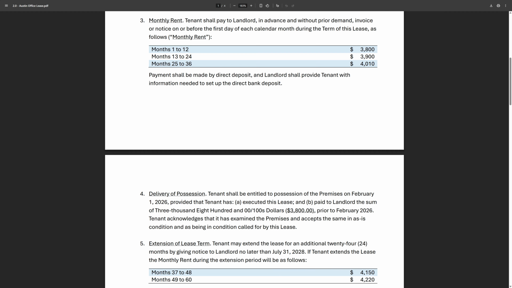Contractually, we can evaluate the renewal rent against the base contract. During the initial term, rent rises from $3,800 to $4,010, an increase of roughly 2.7% annually. Over the full 5 years, rent goes from $3,800 to $4,220, also about 2.7% annually.